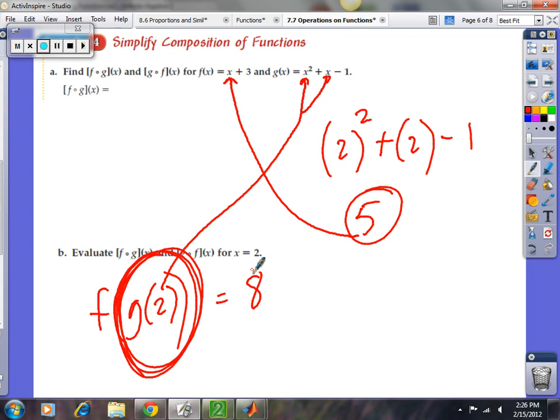What would your ordered pair be? 2, 8. Because we plugged 2 in here, and it gave us a 5. Then you plug 5 in here, and it gave us an 8. So your ordered pair would be 2, comma 8.